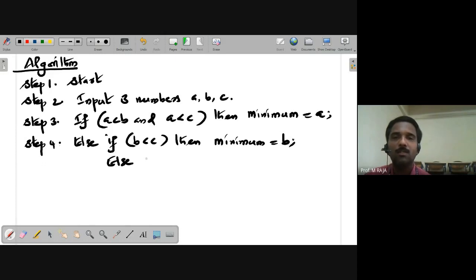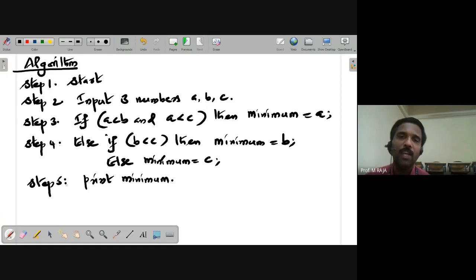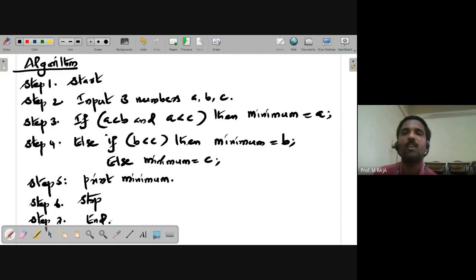Else, what is the minimum? C. Minimum is equal to C. Step 5, we need to print the minimum. Check if the handwriting is okay now. Step 6, we need to stop the procedure. Step 7, we can end the process, terminate the process. End.